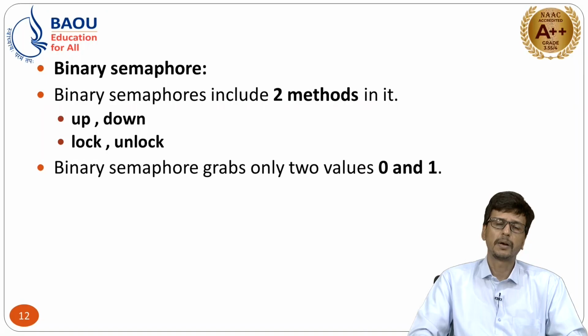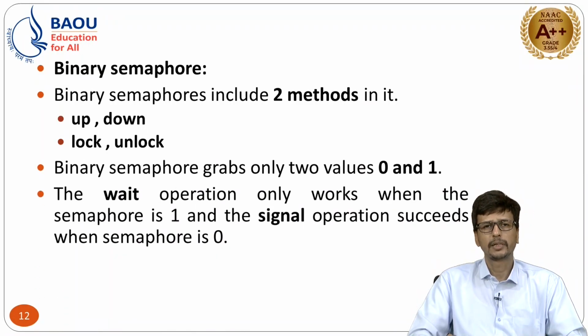Basically the binary semaphore has only two values, 0 and 1. Some resources can be allocated to a particular process, and in that case the wait operation can be activated. So another process gets the signal wait. It means that the particular resource is already allocated to a process.